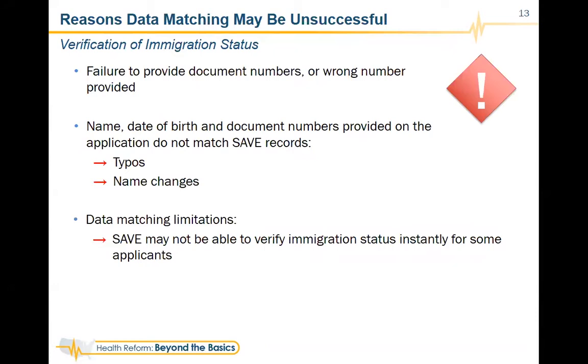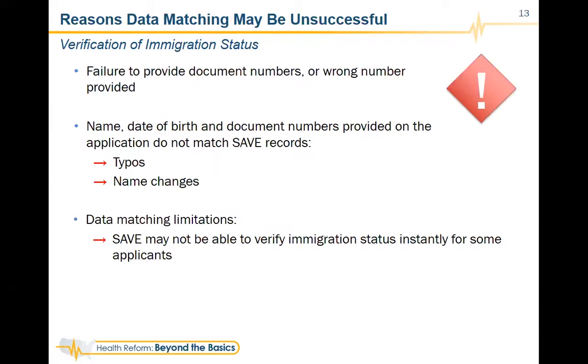And again, we have a resource that can help you, as folks that are helping people enroll, look for the right numbers. Again, similar to what we saw for citizens, there might be typos, there might be name changes, maybe somebody used a nickname, all sorts of things like that can happen. And then simply the SAVE database is just not able to instantly verify everyone's immigration status.